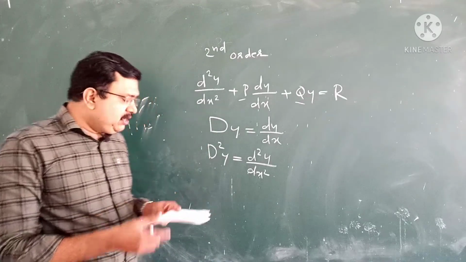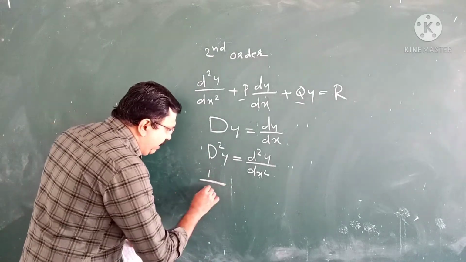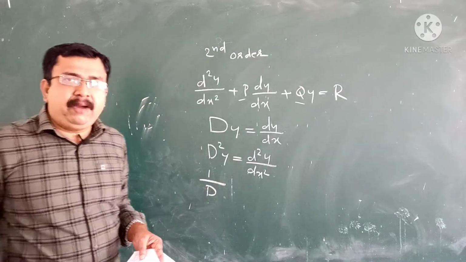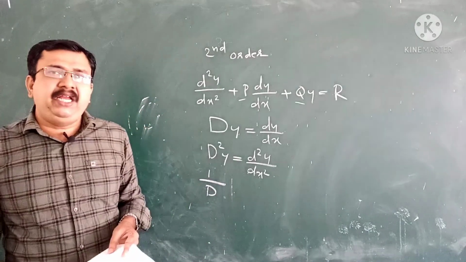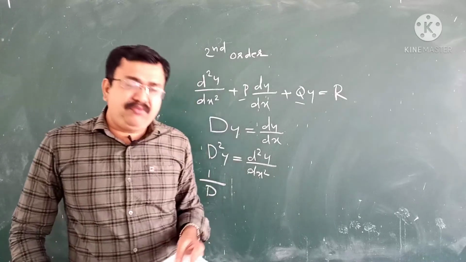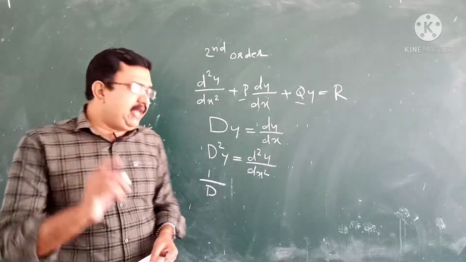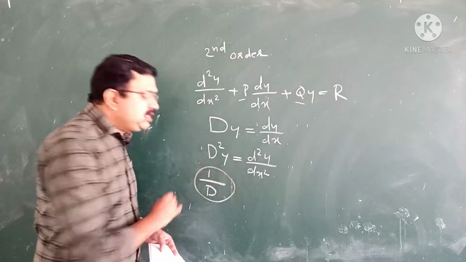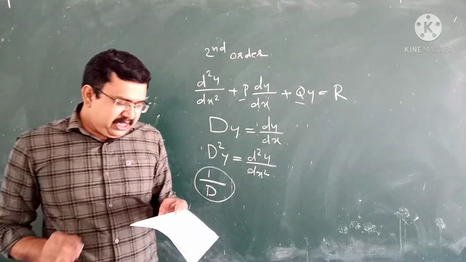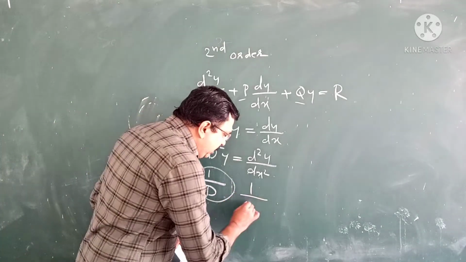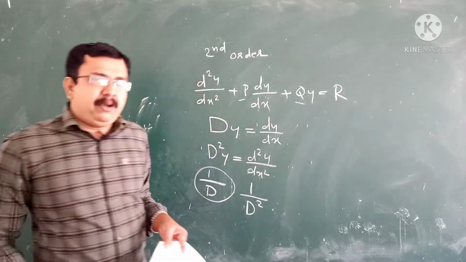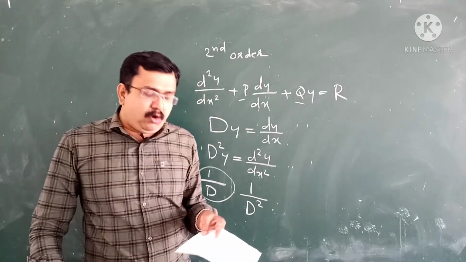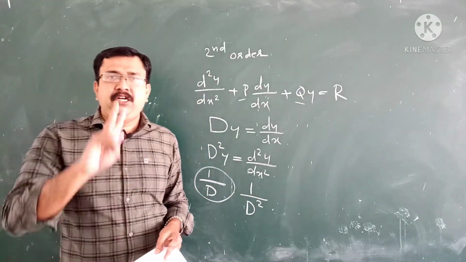Then remember what is 1/D. 1/D stands for the operator of integration, that is, integrating. Then what is 1/D²? 1/D² stands for the operation of integration twice.